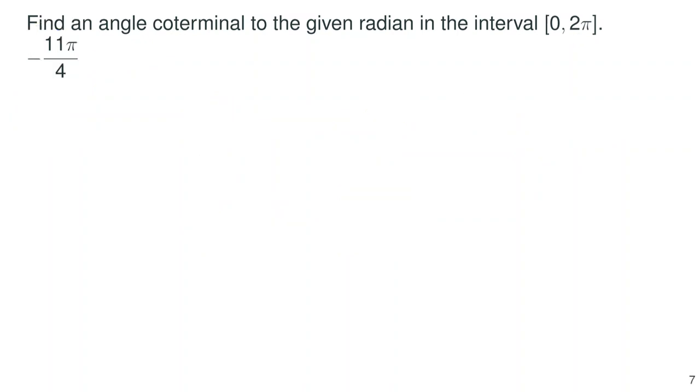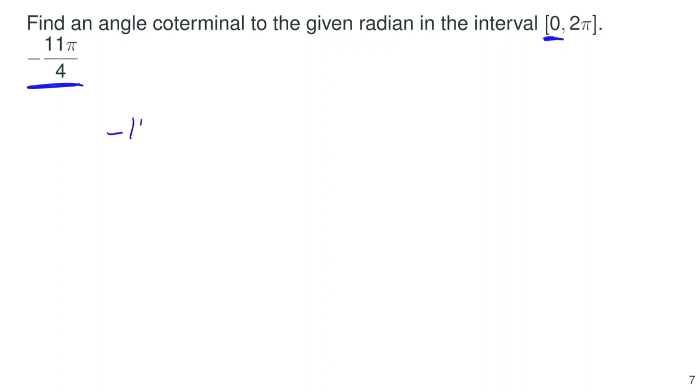Find the angle coterminal to the given radian in the interval 0 to 2 pi. Here we are given negative 11 pi over 4. So it's a negative angle, which we know is smaller than 0. That means we have to add 2 pi until we get an angle between 0 and 2 pi, a full rotation each time.